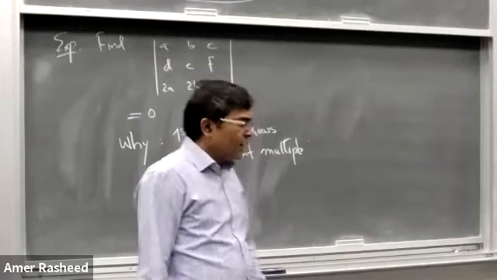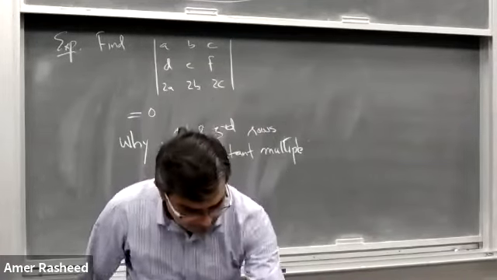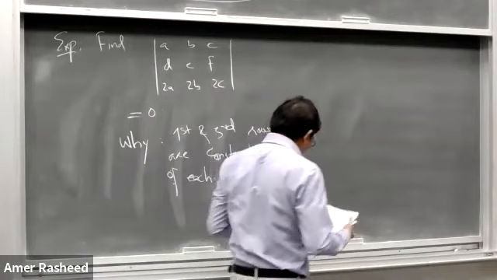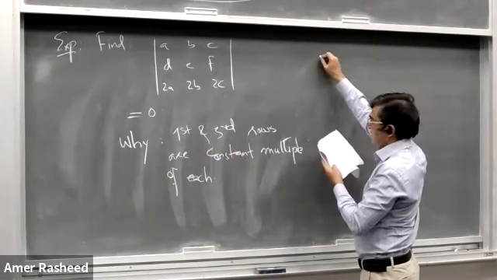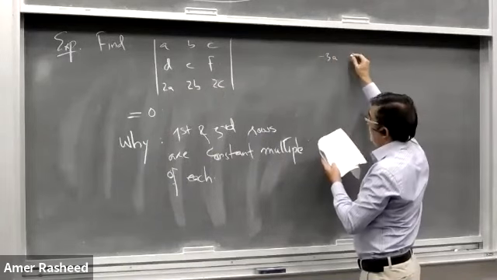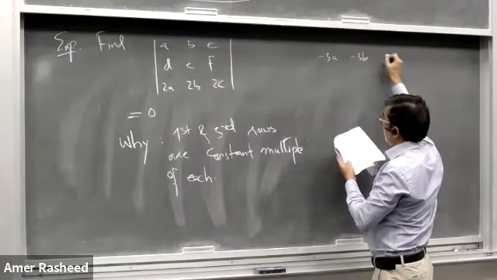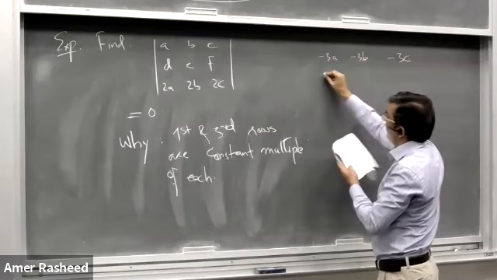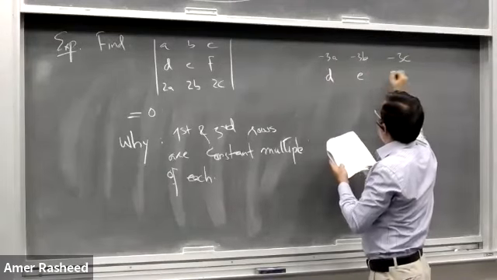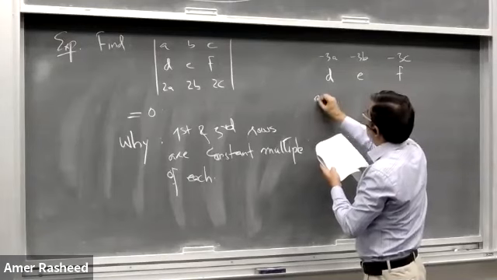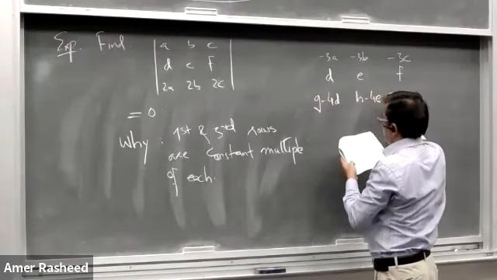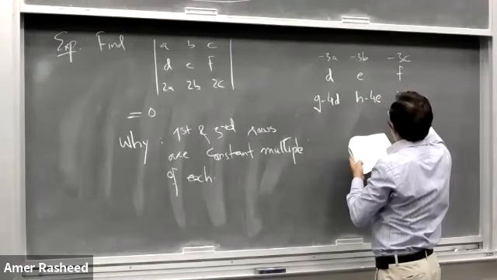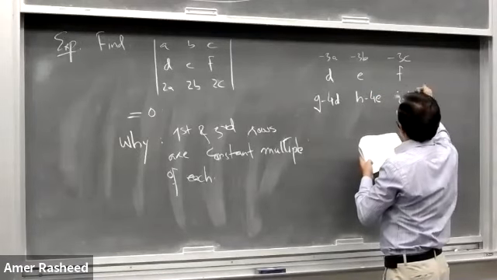Okay. Now let's have another example. Maybe this one: negative 3a, negative 3b, negative 3c, d, e, f, g minus 4d, h minus 4e, i minus 4f.